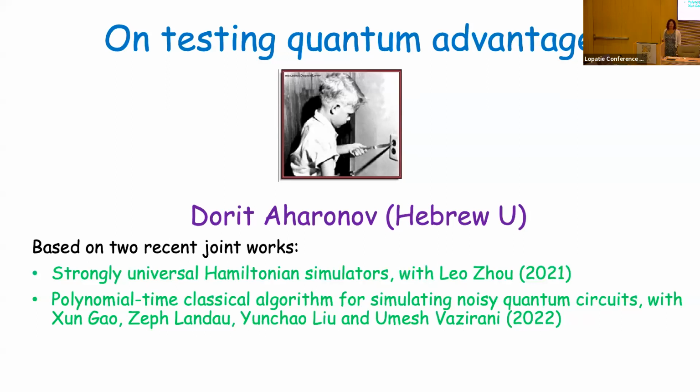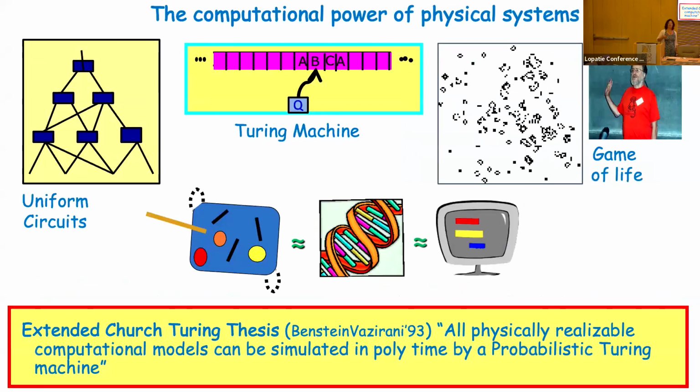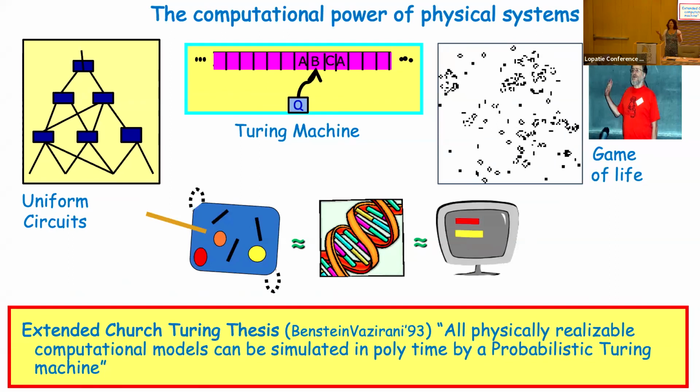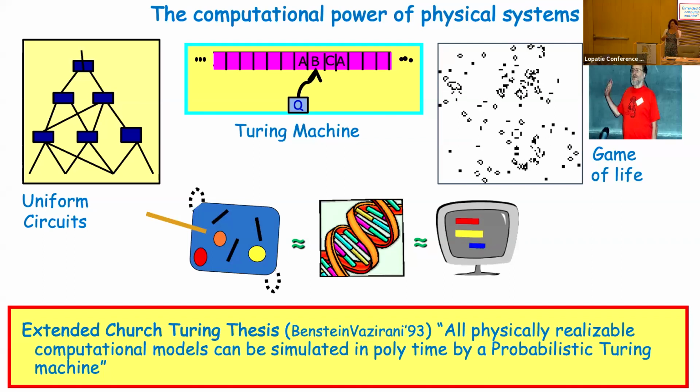Okay, so what I want to tell you about is this question of testing quantum advantage. Basically, the computational power of physical systems. Physical systems are all basically relying on the same type of elementary steps: local, simple updates.